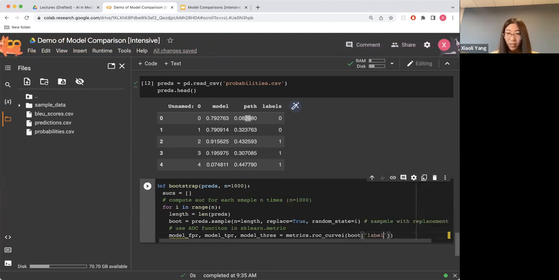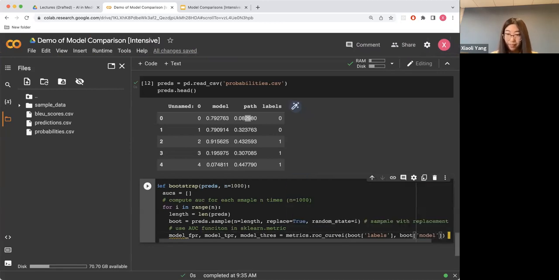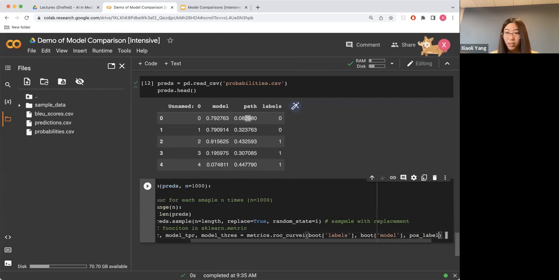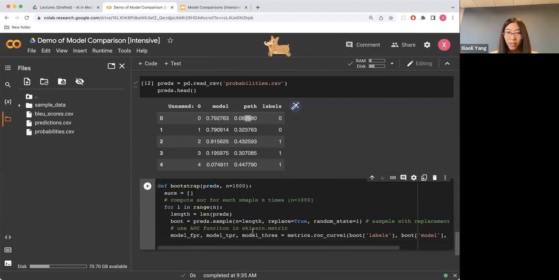First, we put in the true labels, and we put in the probabilities from the model, and we need to set the positive label. Let's say it's 1. Pos label, correct? Okay, correct. And then we do the same thing for the other model, the pathologist.